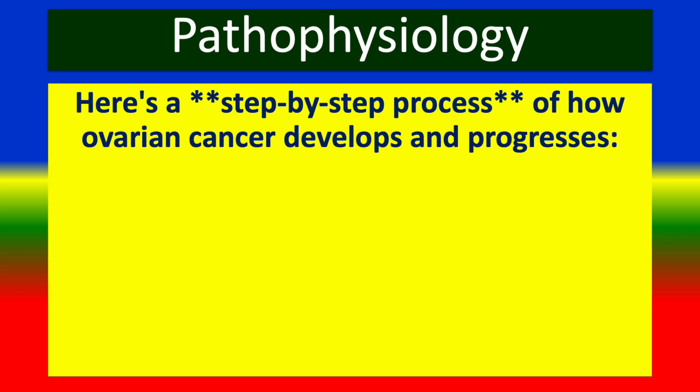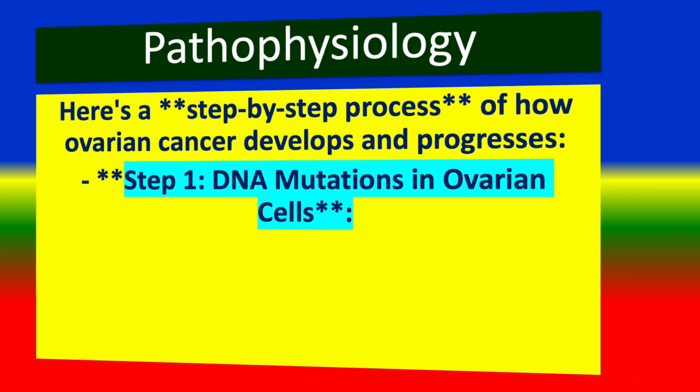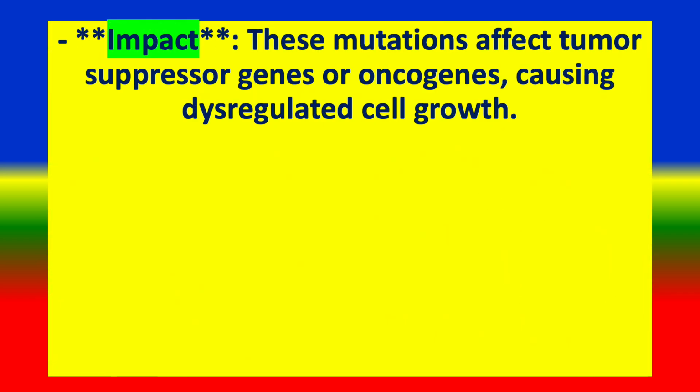Pathophysiology. Here is the step-by-step process of how ovarian cancer develops and progresses. Step 1. DNA mutation in ovarian cells. Impact.